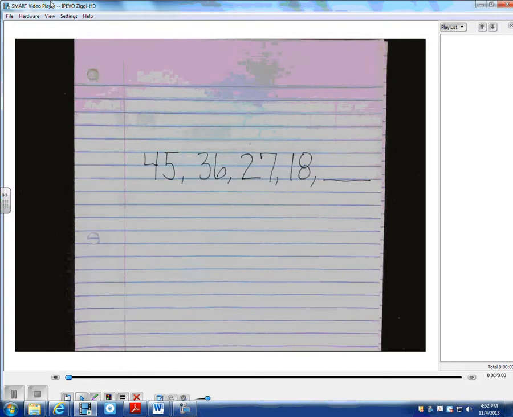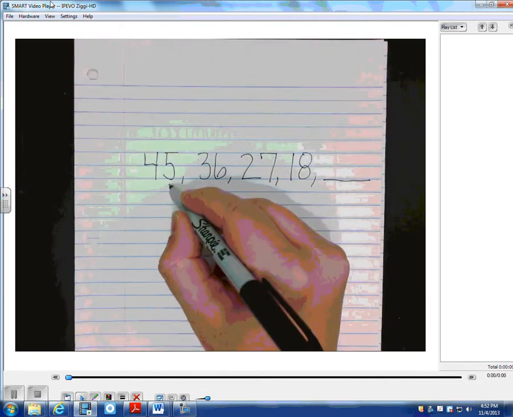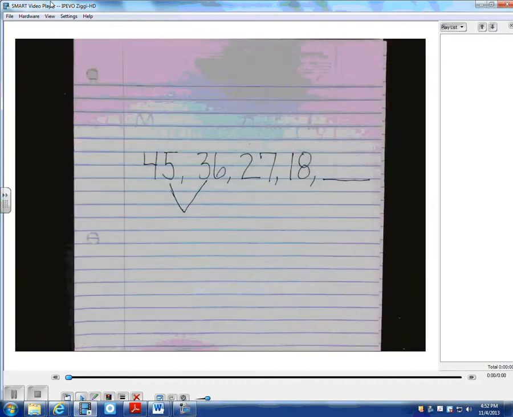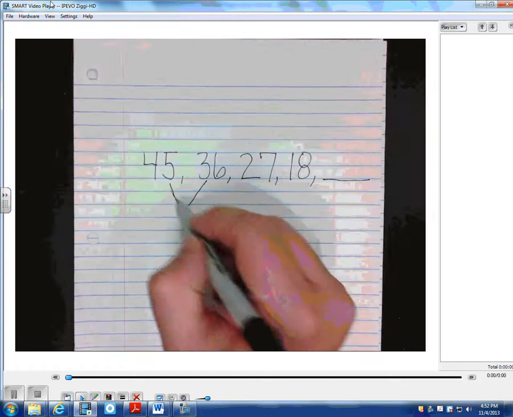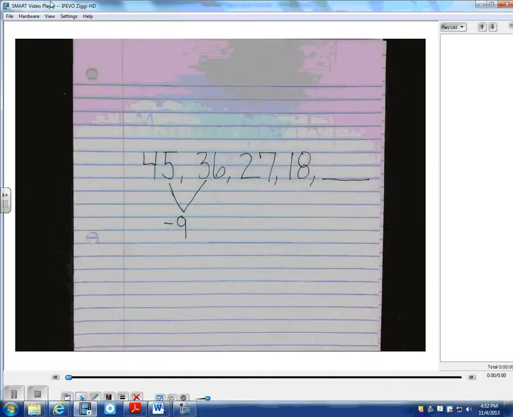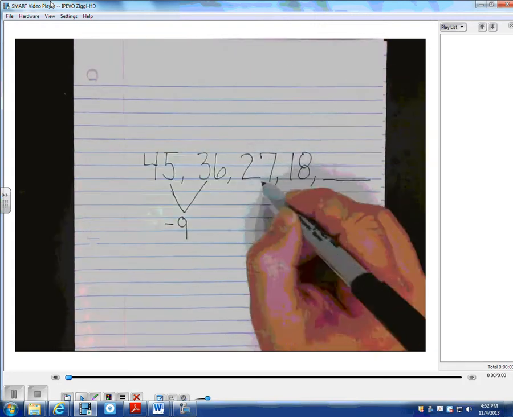So what I'm going to do is I'm going to see if subtraction works first. So I'm going to figure out how did they get from 45 to 36. Okay, and I know that they subtracted 9. Now I'm going to do the same thing for the next 2 numbers. So I'm going to go from 36.